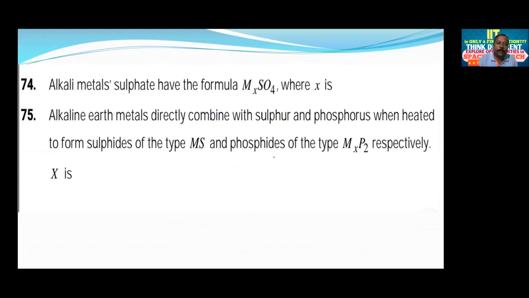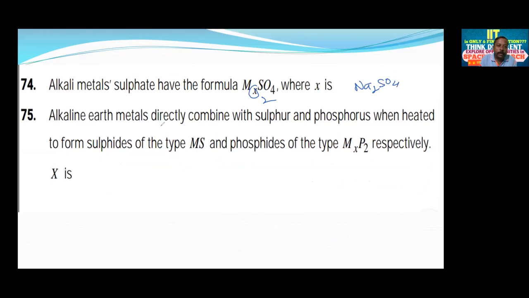Alkali metal sulfate has the formula M2SO4. Very simple. Alkali metal will be what? Sodium sulfate. So X value will be how much? X value will be 2, like Na2SO4. So here for an alkali metal, if the question is alkaline earth metal, then X value will be 1.